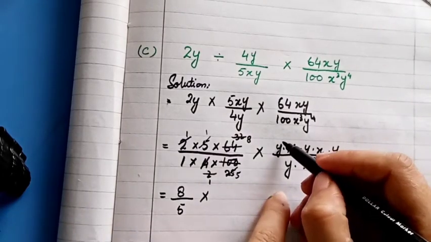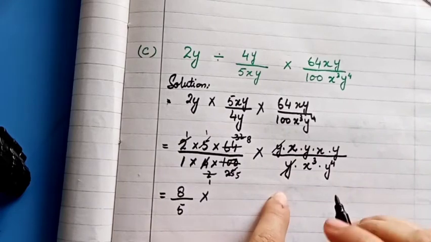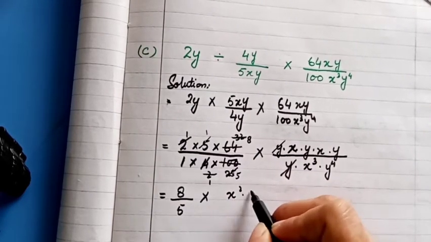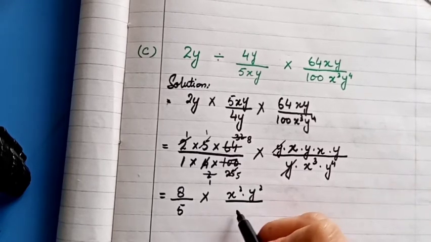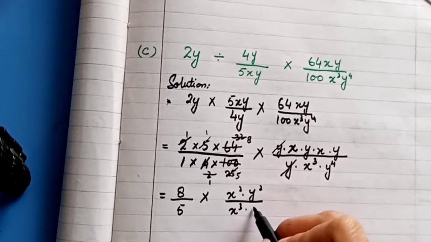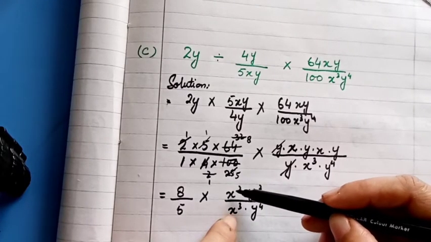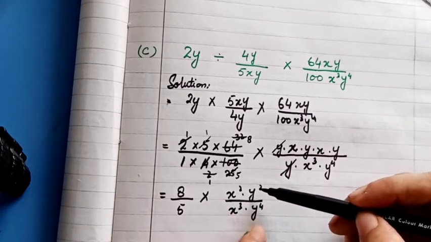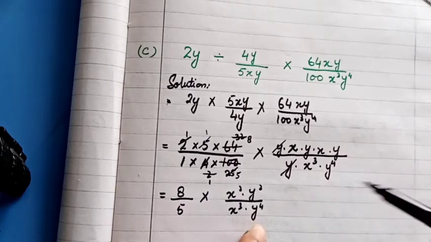First we have to cancel this y with this y, same variable with same power. x multiplied by x will be x square, and y multiplied by y will be y square, and in the denominator we have x cube and y4. So this is a smaller power of x, so we have to move this x to the denominator. Here we also have a smaller power of y in the numerator, so we have to move this y towards the denominator.